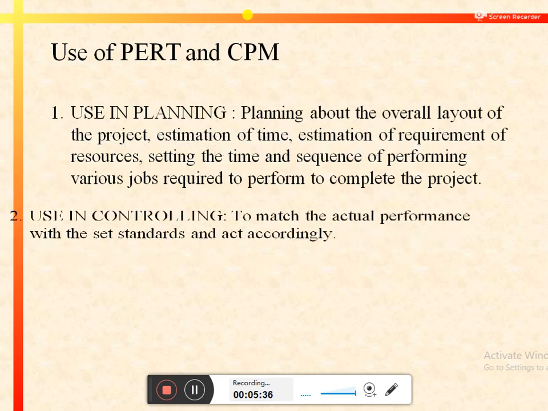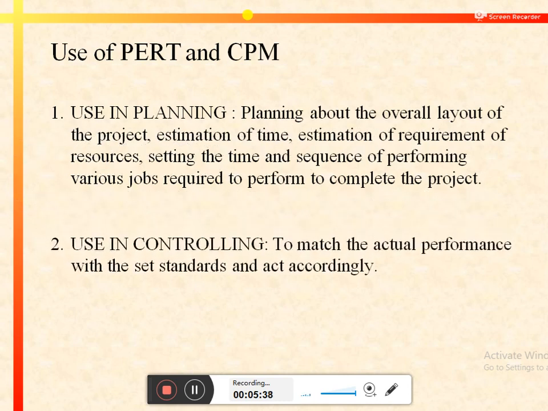The second use of PERT and CPM is about controlling. At the planning stage, with the help of PERT and CPM, the management sets different standards or goals for different activities and for the project as a whole.